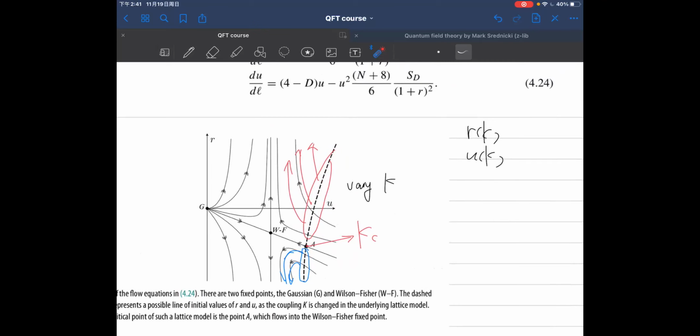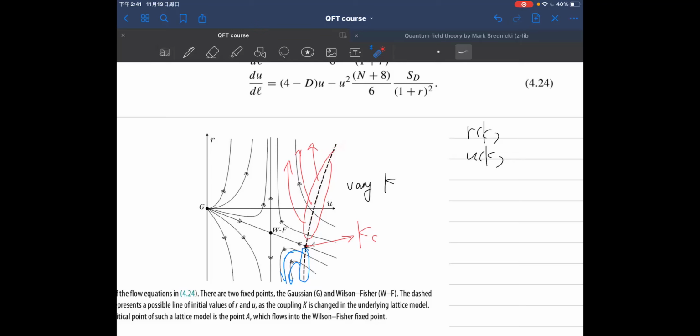So in principle, the two parameters r and U in the lambda theory free energy functional should depend on k. So the real system should lie on a curved, dashed line.